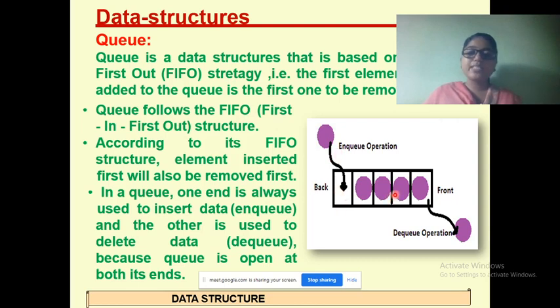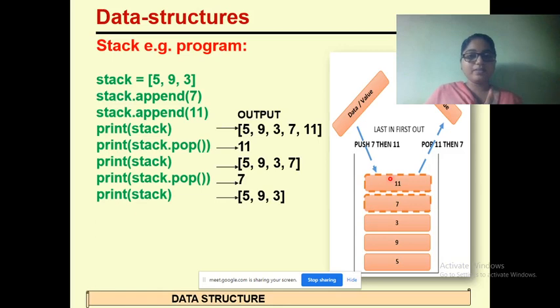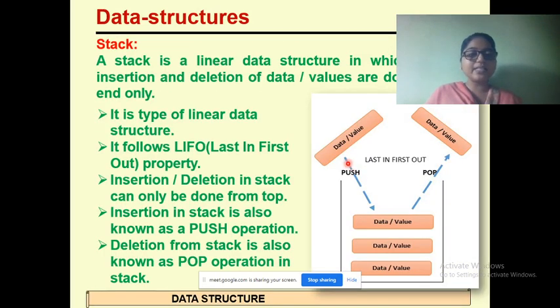So a queue has two ends. In case of stack, it has only one end. For example, if the elements are inserted from this end, that is using push operation, they are removed from this end only, that is using pop operation.